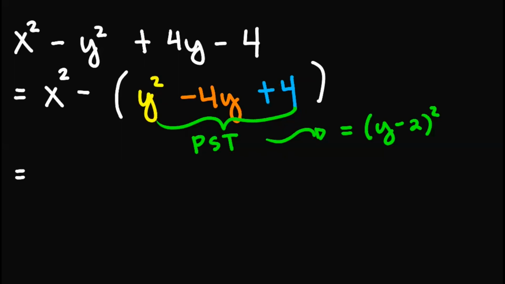So this one out here becomes x squared minus y minus 2 squared. And what can you observe? We have a square out here and a square out here. So we can apply the difference of two squares.